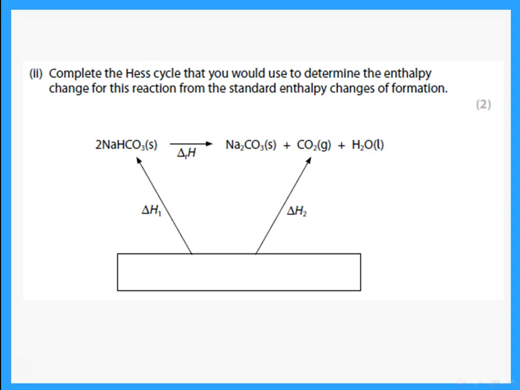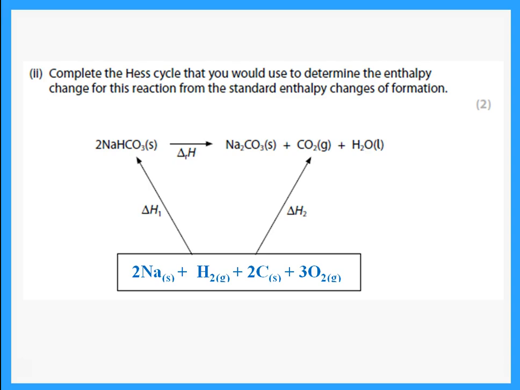So, what elements do we have in this equation? We have sodium, we have hydrogen, we have carbon, we have oxygen, and you have to put in mind how many atoms of each of them. So when we write this, we write that we need 2 sodiums in its standard state, and the standard state of sodium is solid. And we need how many hydrogens? We need 2 hydrogens, so that is 1 H2, and the standard state for that is a gas.